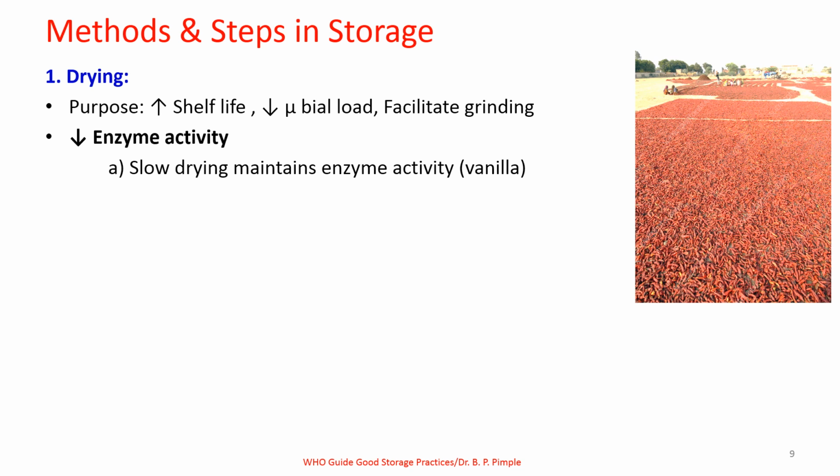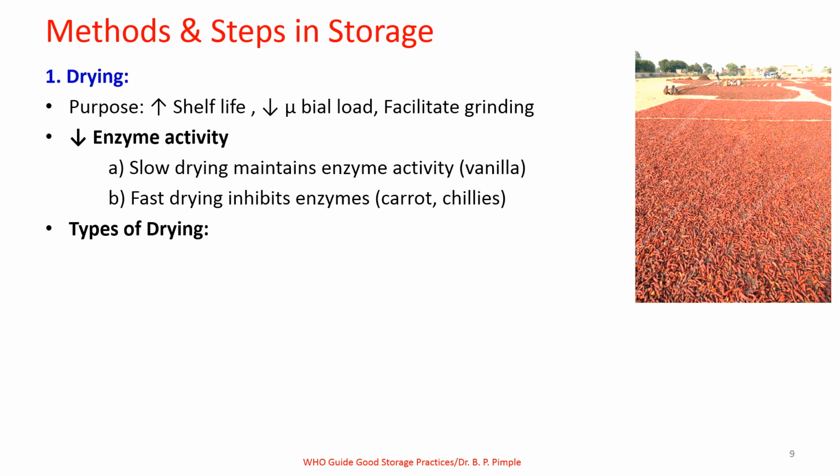So to continue the process of enzymatic activity, the drying should be done at a slower rate. Whereas in case of chili and carrot, the drying is to be done at a very fast rate so as to inhibit the enzymatic activity, or else the chili and carrot get degraded.